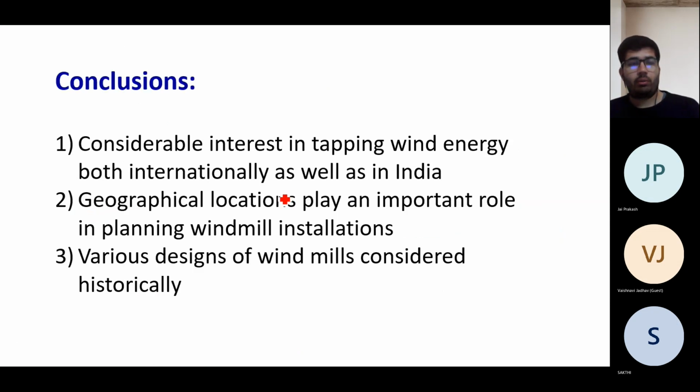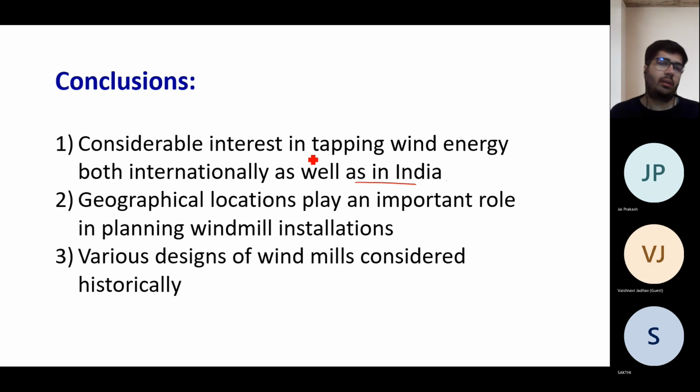So the conclusion is that there is considerable interest in tapping wind energy both internationally and in India. As in our previous slides, we have seen that India ranks 4th in wind energy capacity. The geographical location plays an important role in planning windmill installation, because the average wind velocity is a major factor.